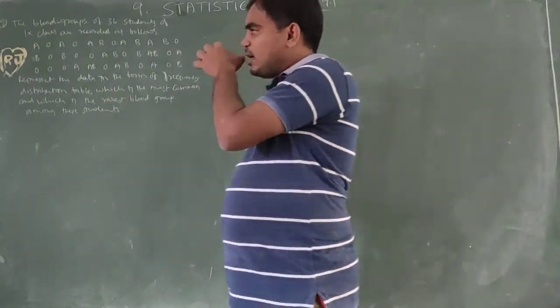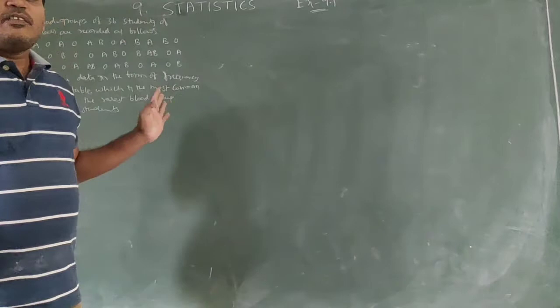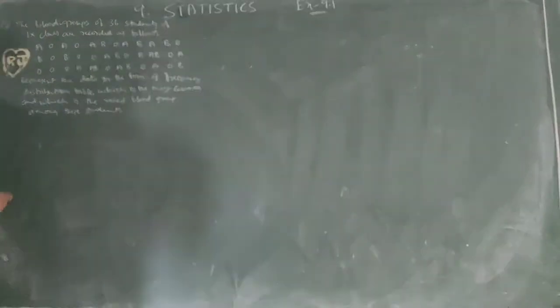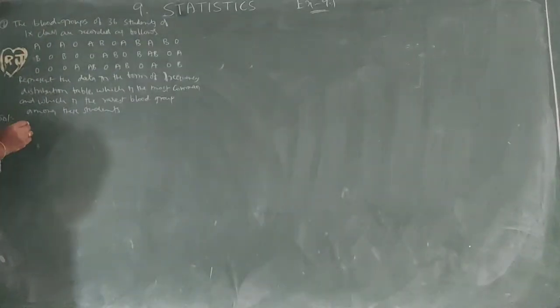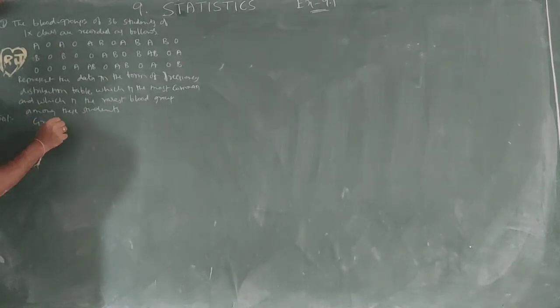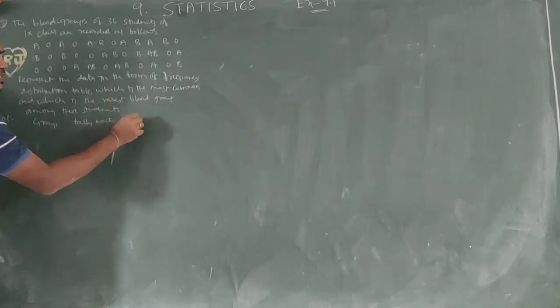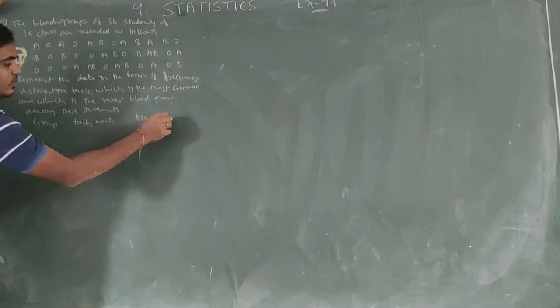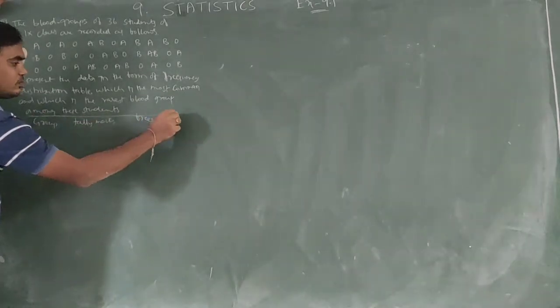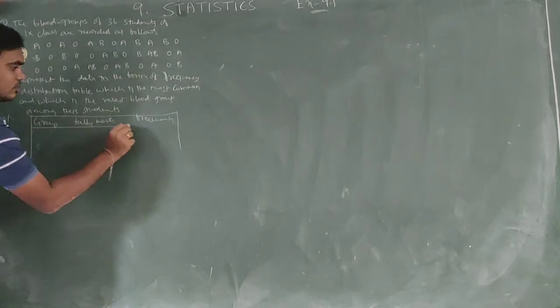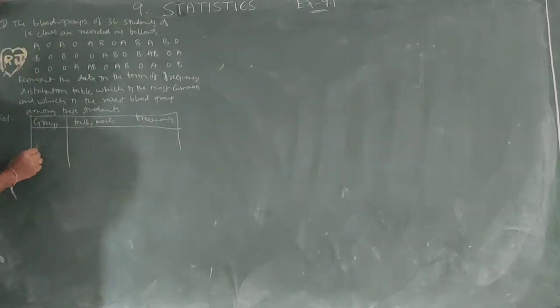With the help of tally marks, I want to find a frequency distribution table. So solution: first, blood group, tally marks, frequency. So blood groups O, A, B, AB.